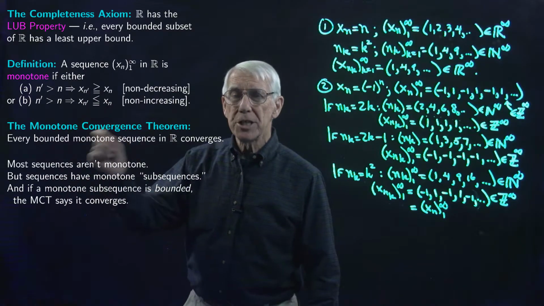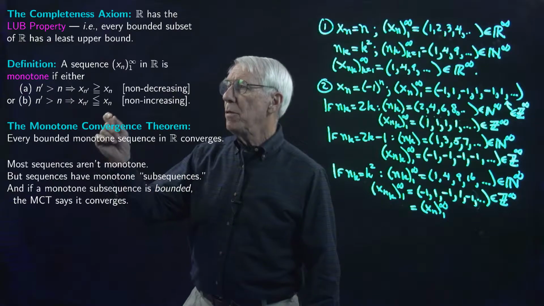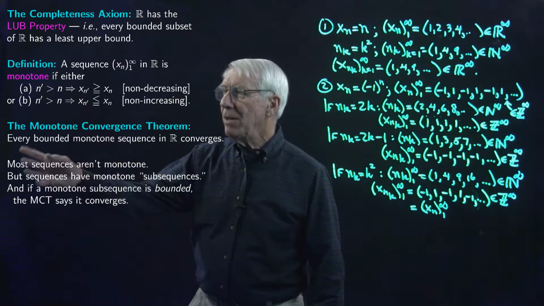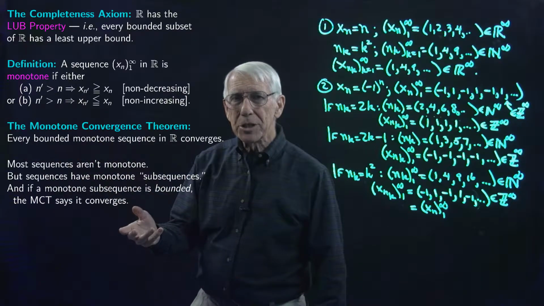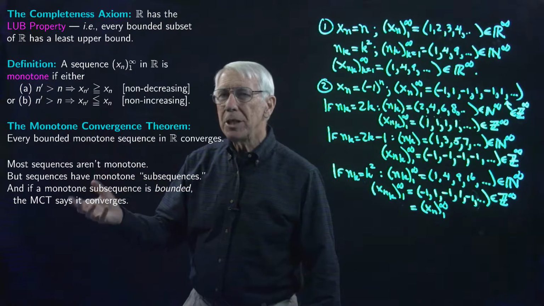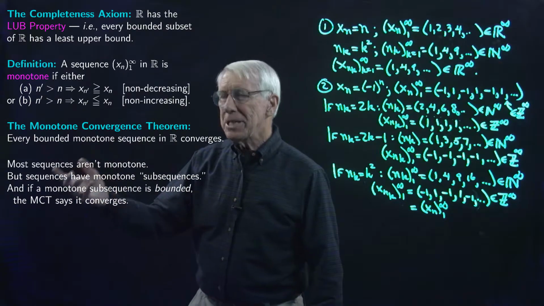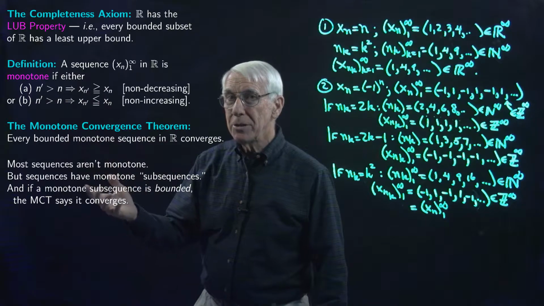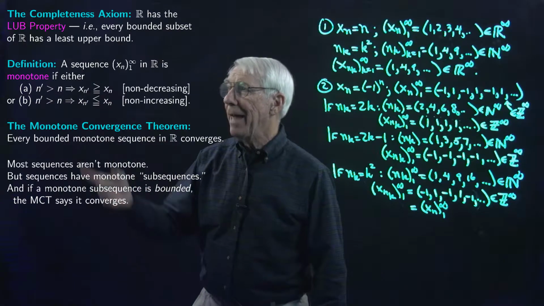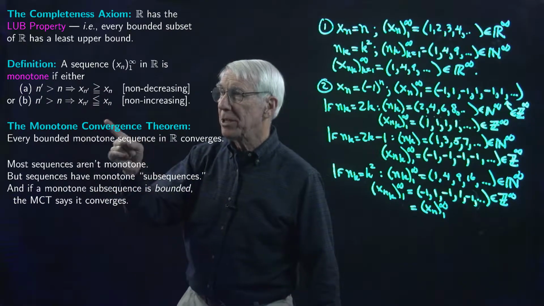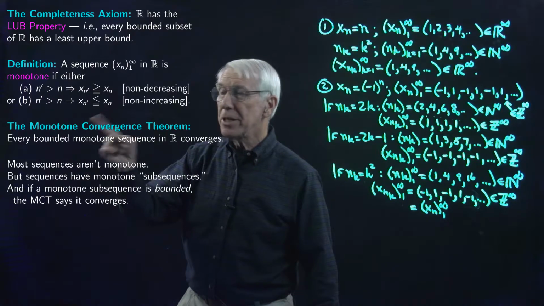But if the original sequence is bounded, then of course any one of its monotone subsequences is bounded too. So the original sequence is bounded. It has to have a monotone subsequence. That monotone subsequence is bounded, and therefore the monotone convergence theorem says that it converges.